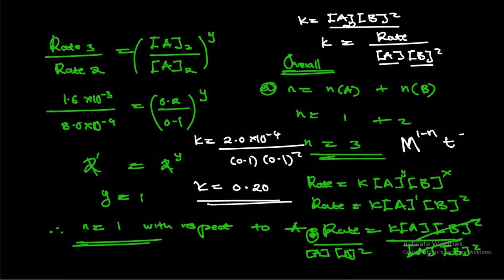What is the overall order we have? The overall order is 3, so we are going to say M to the power 1 minus 3, then t to the power negative 1.